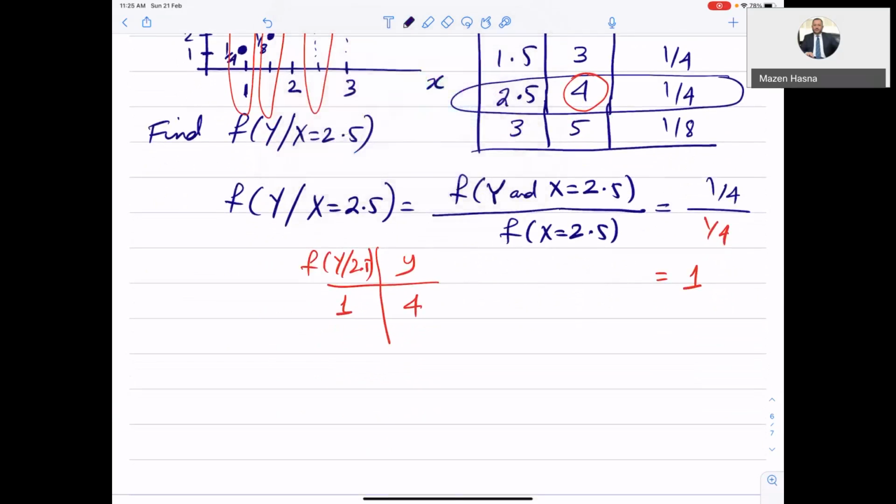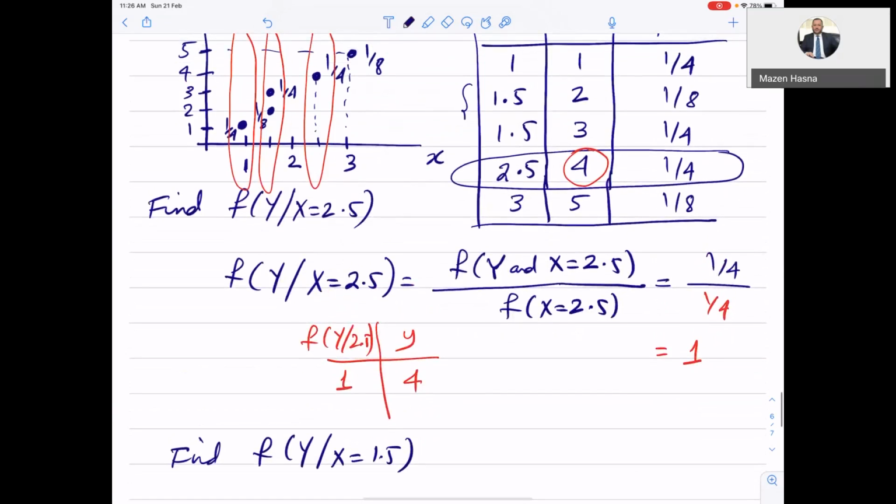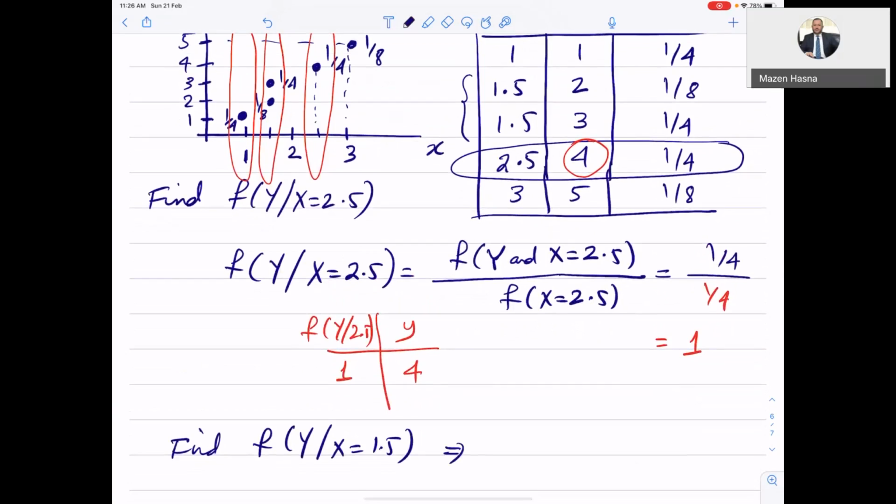However, what if I ask you, find f of y given that x equals 1.5? If x equals 1.5, we know that y can be either 2 or 3, right?